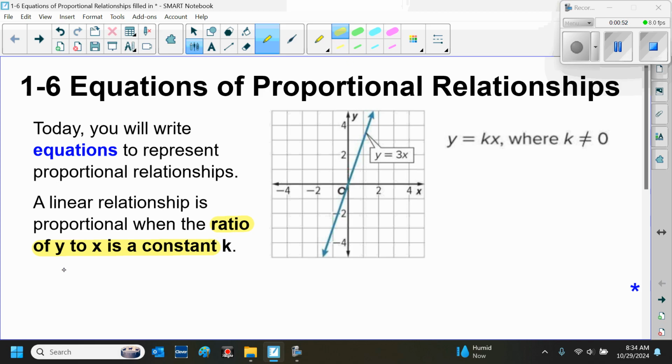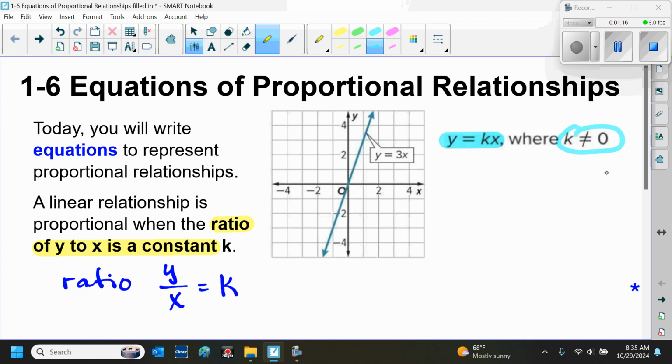So it's always going to be y to x, the ratio, and that is going to be our constant k. This is what the equation looks like: y is equal to kx, where k is never equal to 0. It always has to be either a positive number or a negative number, but it cannot be 0.